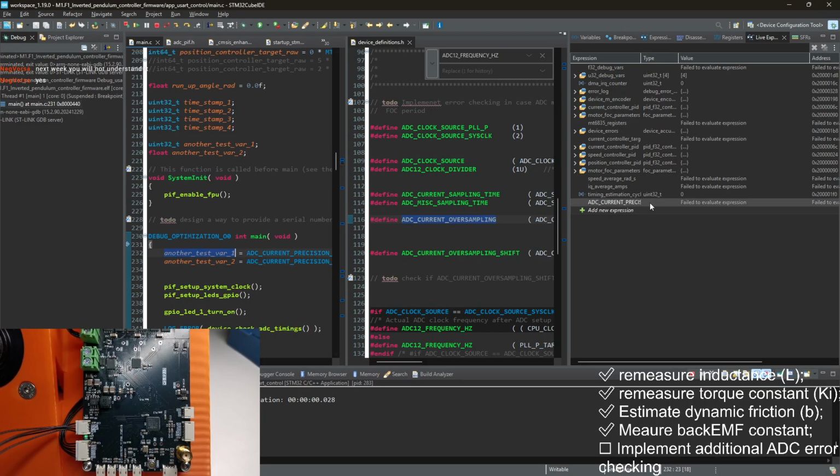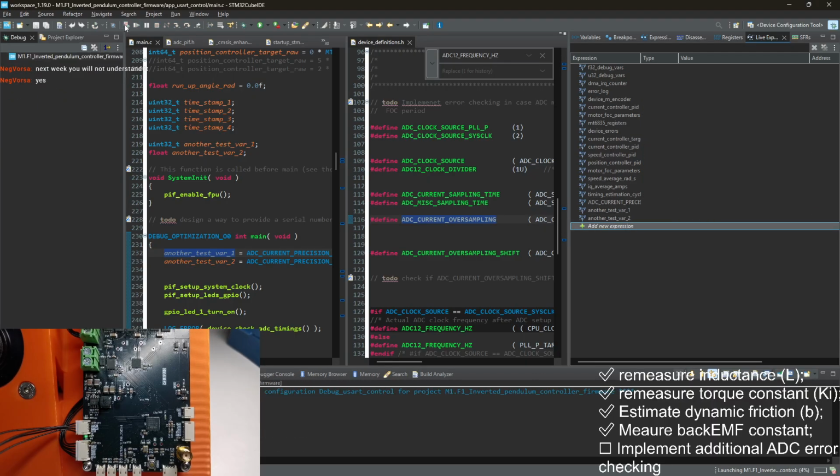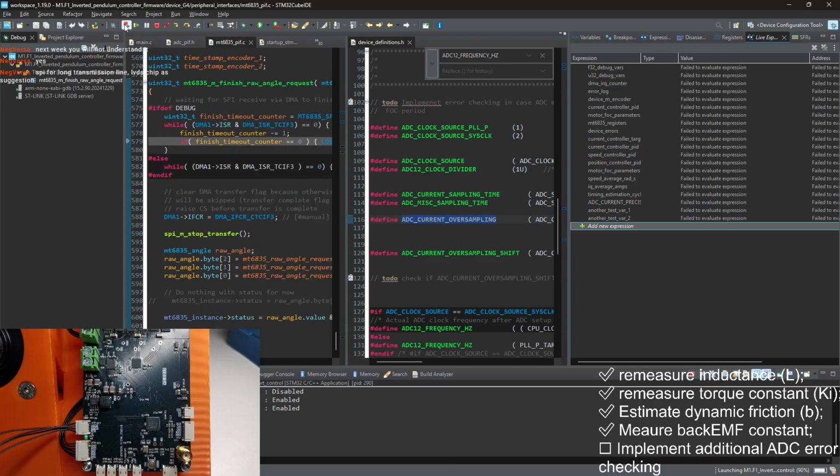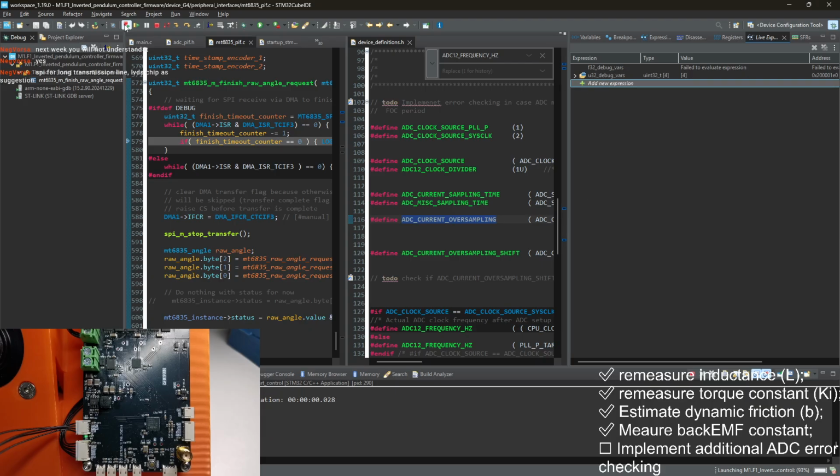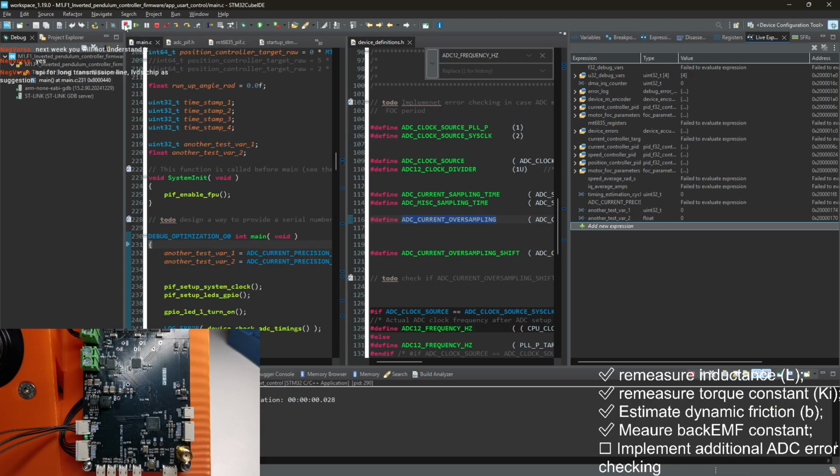Let's put them in our live view. Let's see. SPI for long transmission line, LVDS chip as a suggestion. LVDS chip. Actually, this is quite a reasonable suggestion.